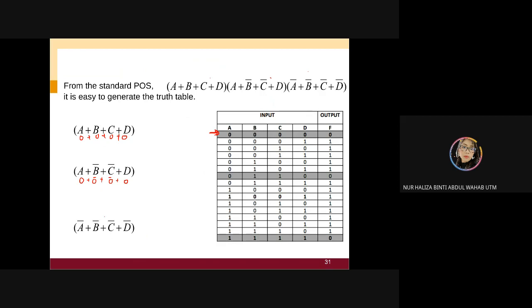And you have another one: 0 bar, 0 bar, 0 bar, 0 bar, plus, plus, plus. Now I have here 0 plus 0 plus 0 plus 0. I'm going to get 0. Plus 0 plus 1 plus 1 plus 0, you will get 1.